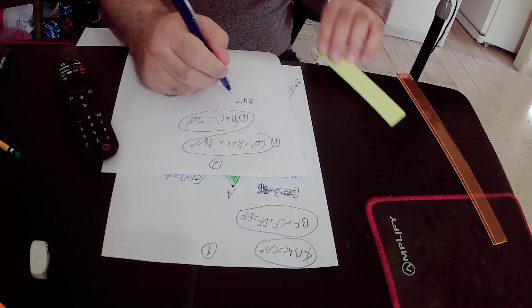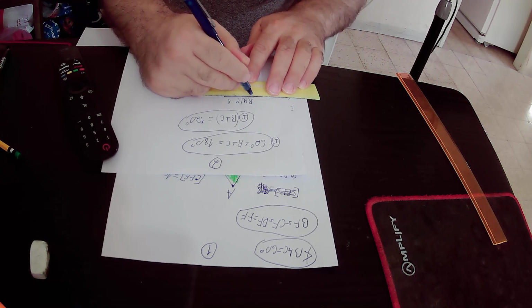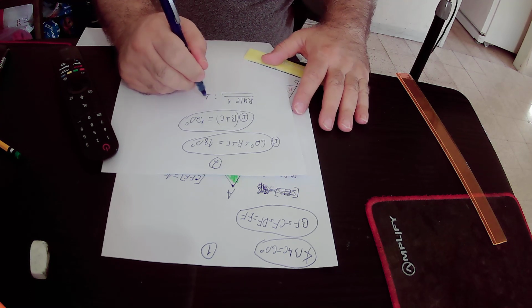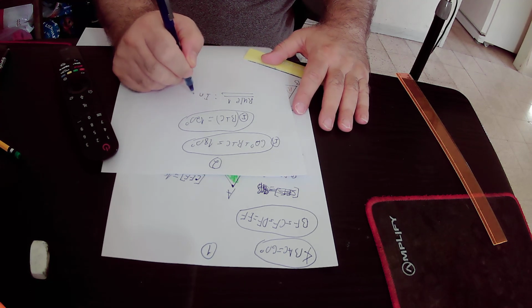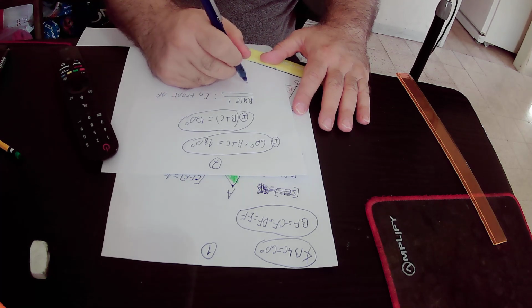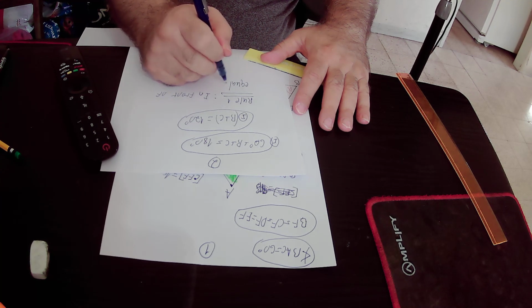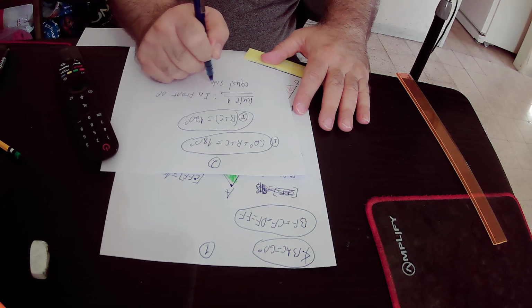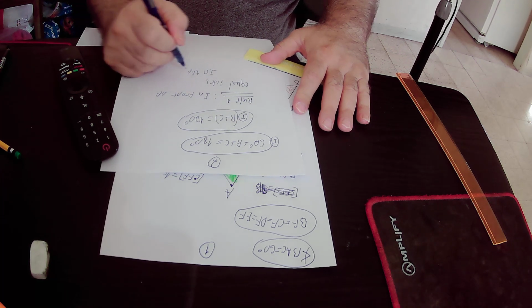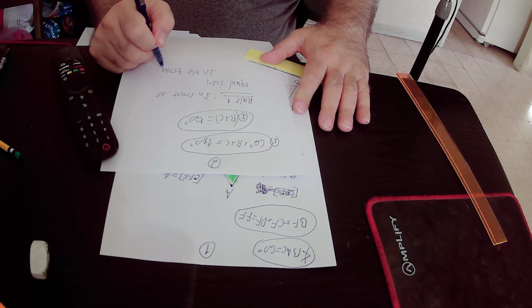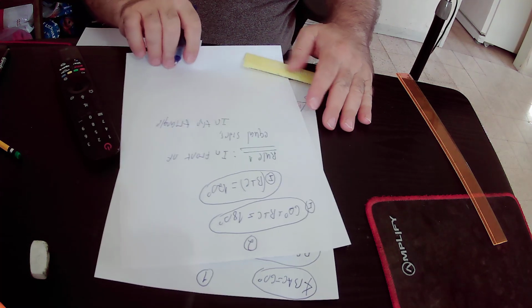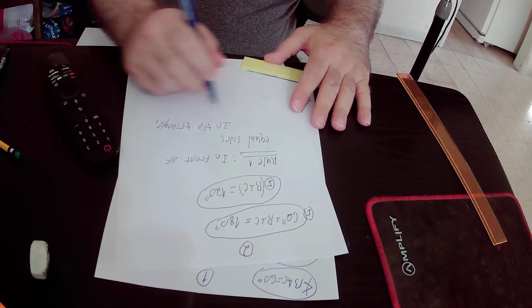Rule number 1 states that in front of equal sides in a triangle there are equal angles.